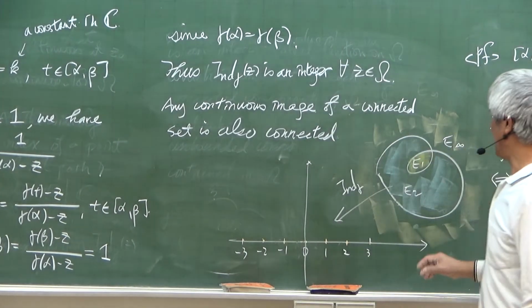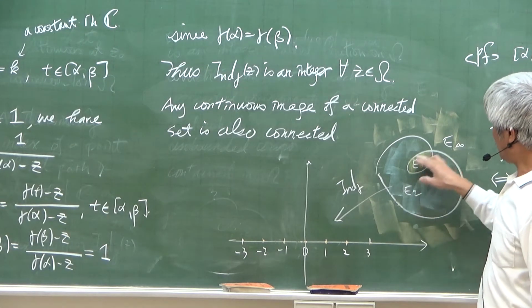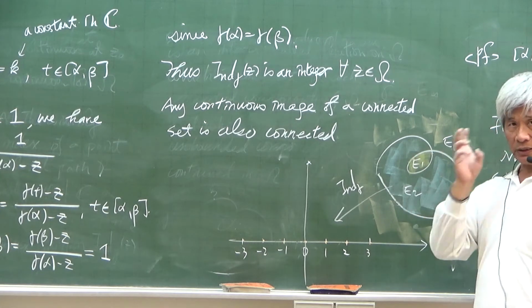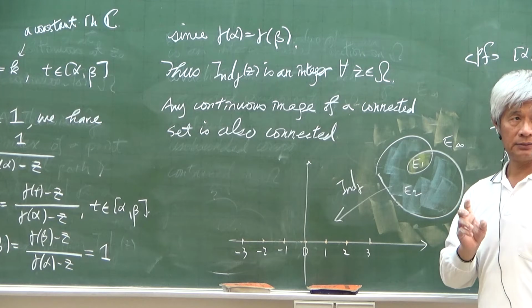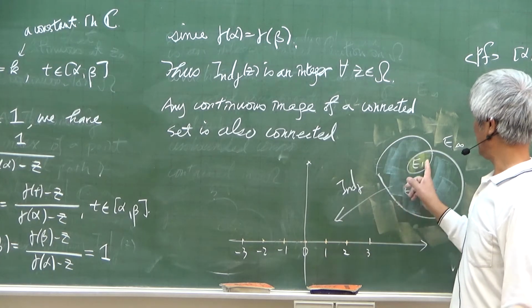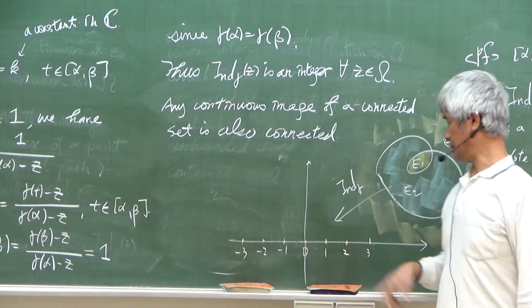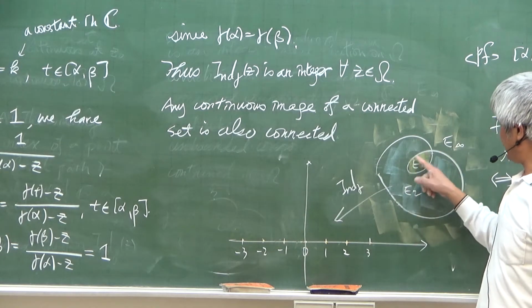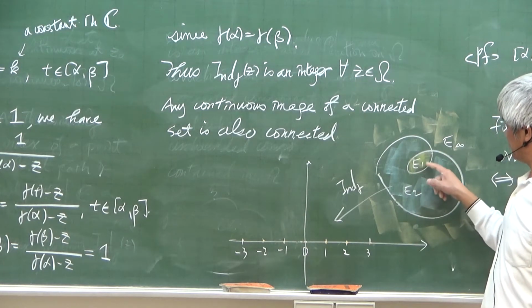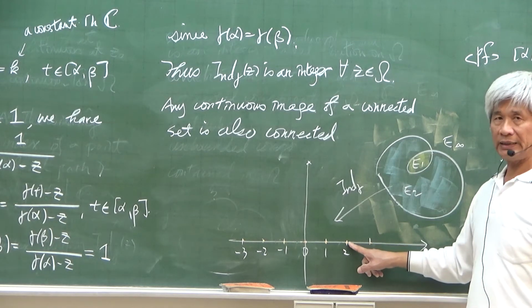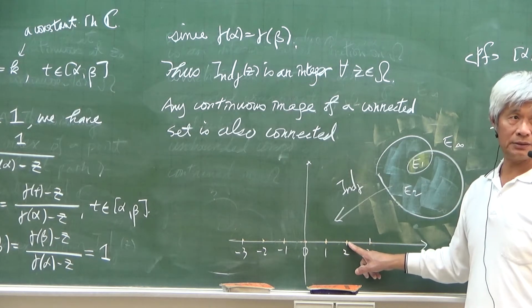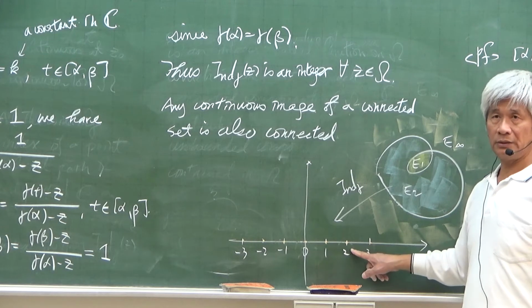Now, the image of E1 should be a connected subset of the complex plane, but it has to be integral points. So the possible values of the index in E1 cannot be different integers. Why?